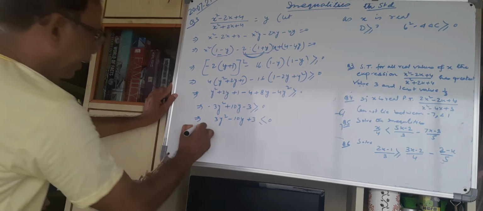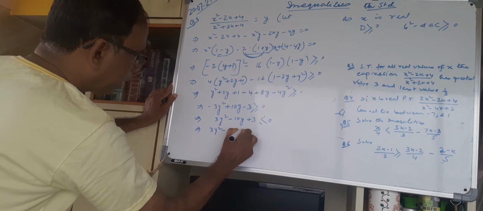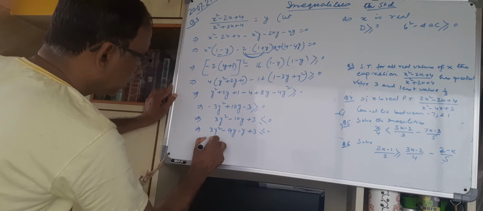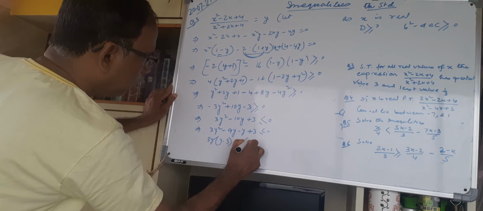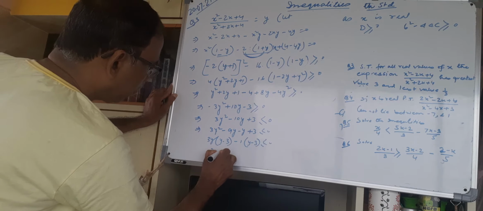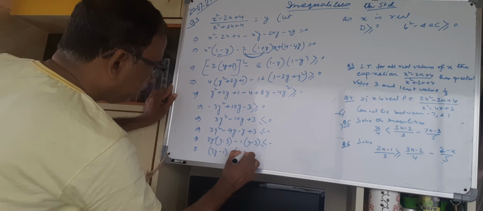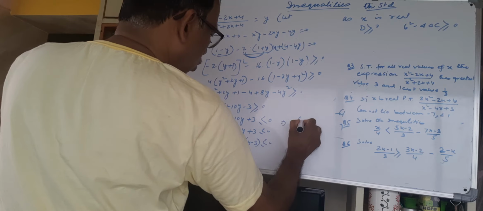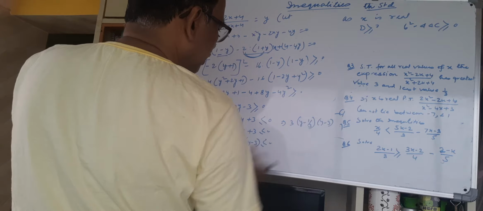Now doing middle term break: 3y² - 9y - y + 3 ≤ 0. 3y is common, y - 3, minus 1 common, (y - 3) ≤ 0, that is (3y - 1)(y - 3).